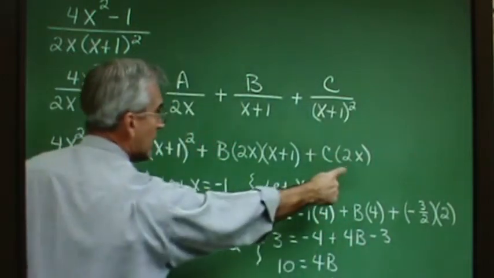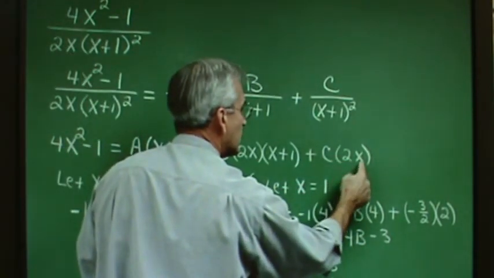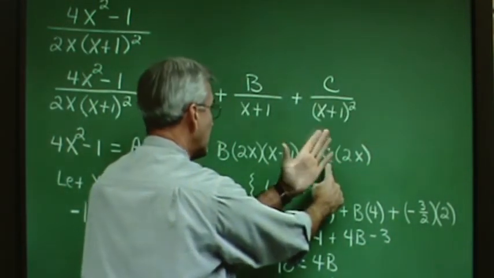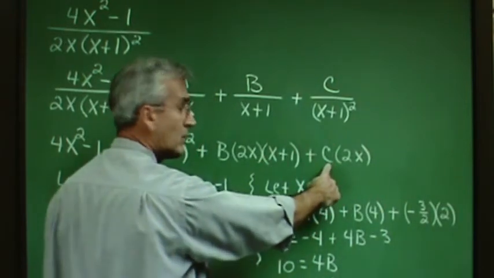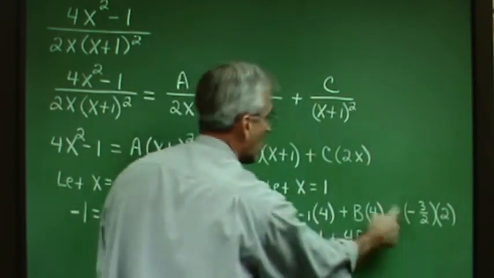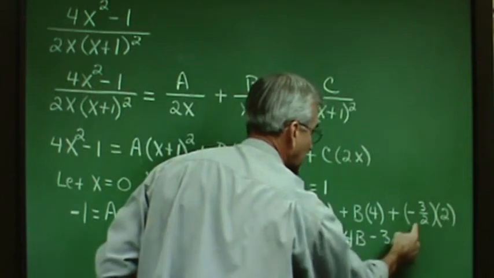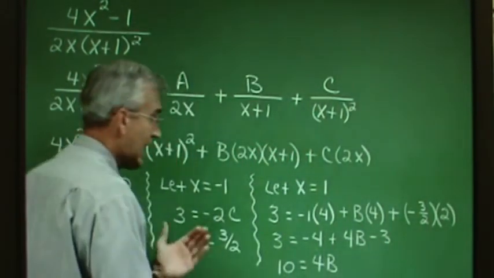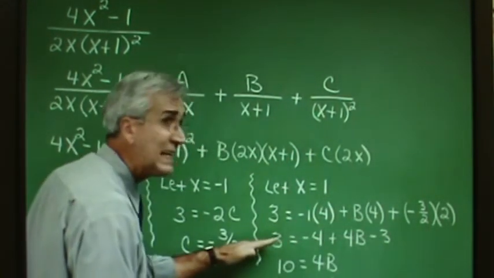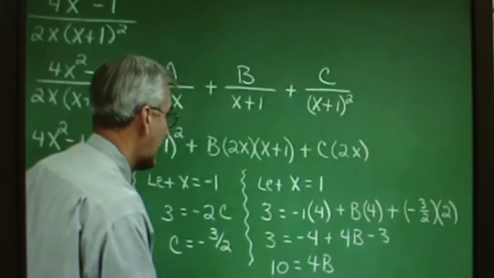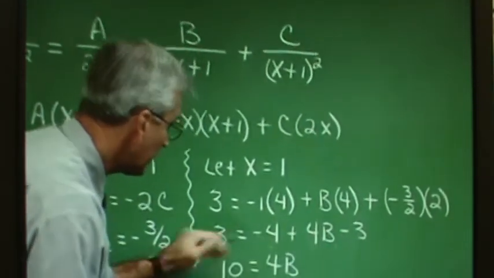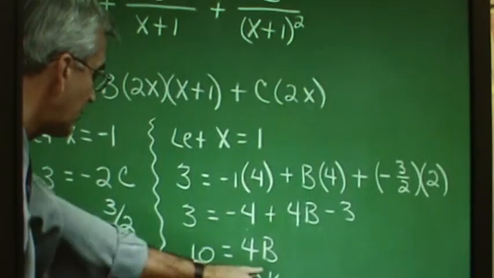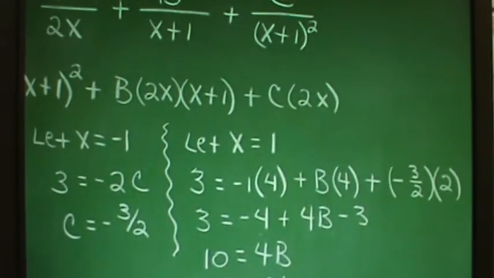And then over here, if x is 1, we have 2 times c, but c's value was found to be -3/2. So we have -3/2 times 2, cancellation, -3. And now we have an equation involving b only as the variable, so solving it, we find b to be 2.5.